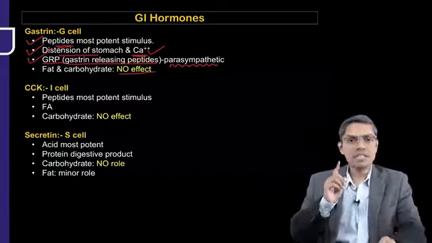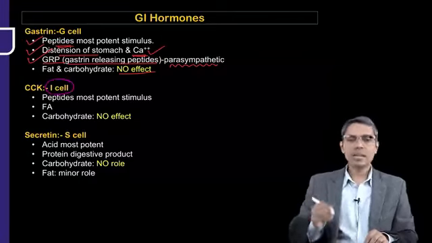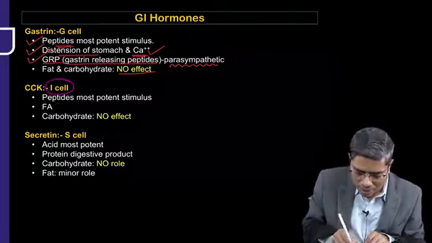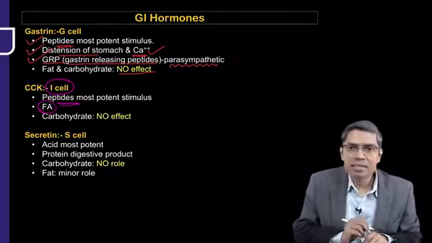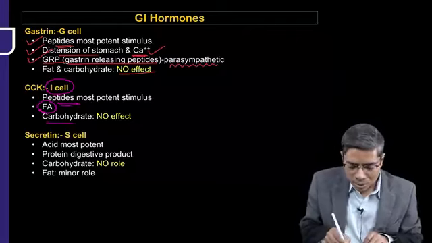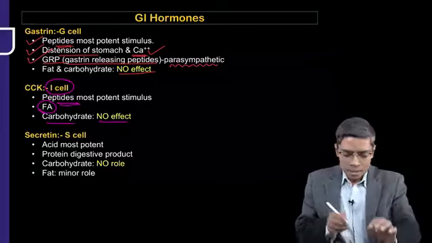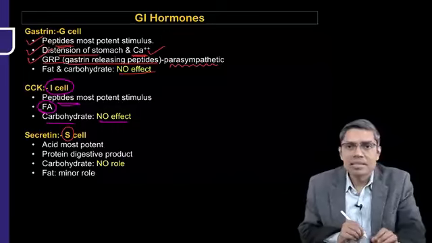Second, for CCK. CCK is released from the I cell of the small intestine. What is the most potent stimulus? Again, your answer is peptide. Fatty acid is the second most potent stimulus, and carbohydrate has no effect on CCK secretion. For secretin, again, it is secreted from the S cell which is present in the small intestine.